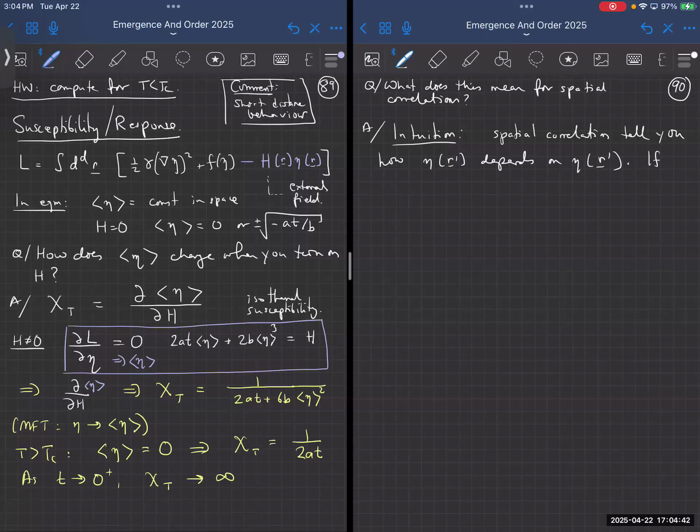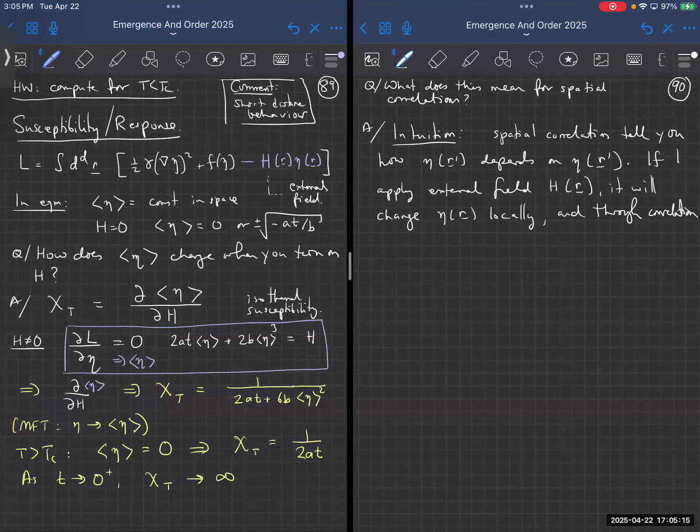So you might say, well, if I apply an external field H at the point r, then what that's going to do is it will change eta of r locally, and through the correlation function, which reflects the interactions in the system, that will affect eta at a point r prime where r prime is not equal to r.